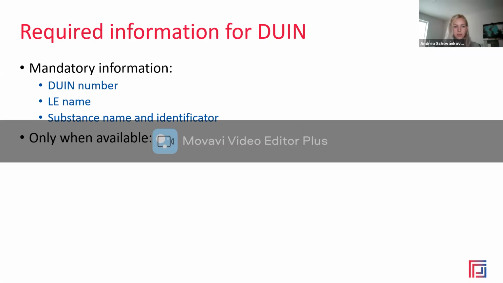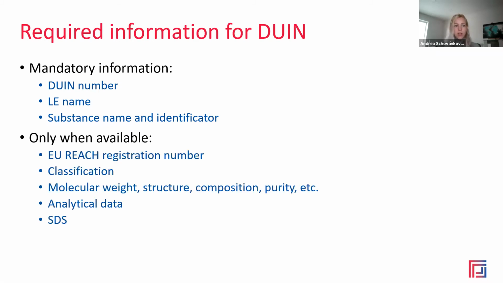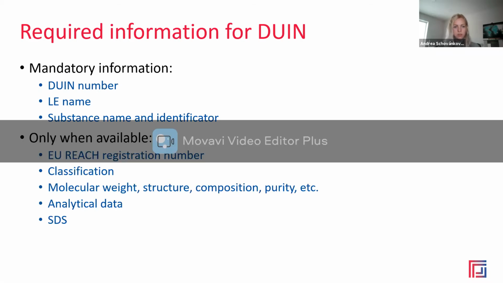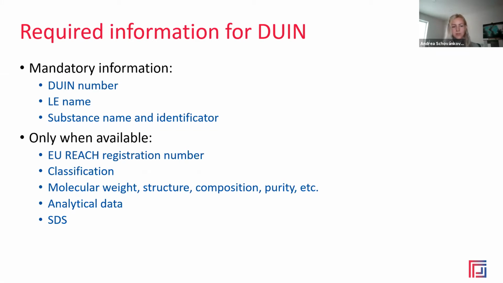And the other information are mandatory when they're available to you. So you should always fill there the information that you have for the substance. These are the rest of the columns on the spreadsheet: the EU REACH registration number, the classification of the substance, the molecular weight, structure, composition, purity, and other properties, analytical data, and SDS.